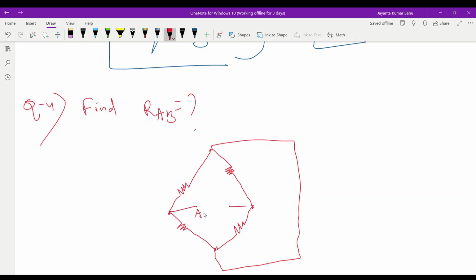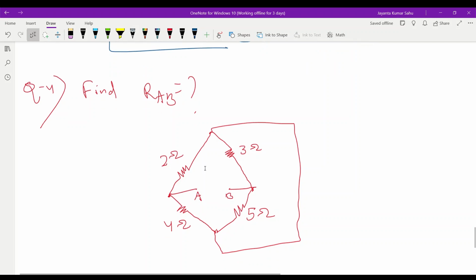This is A point, this is B point. Resistance values given: 2 ohm, 3 ohm, 4 ohm, 5 ohm. In this question, how will we solve? If we apply the current method, then we have a confusion. Directly we will go to the second step, that is the point method.